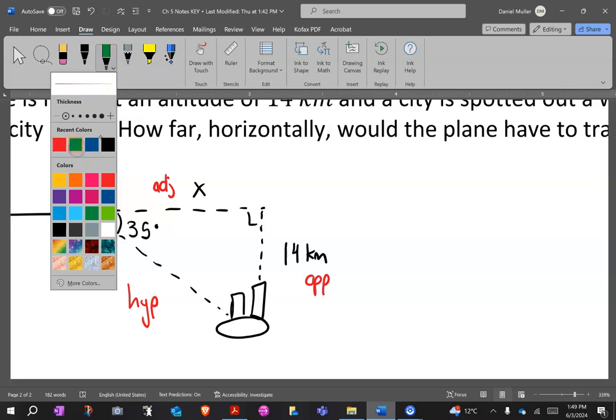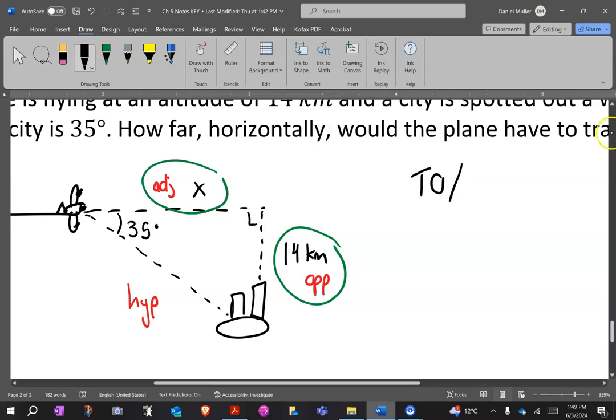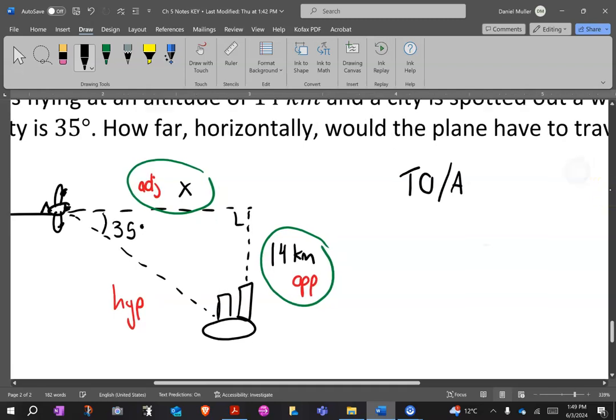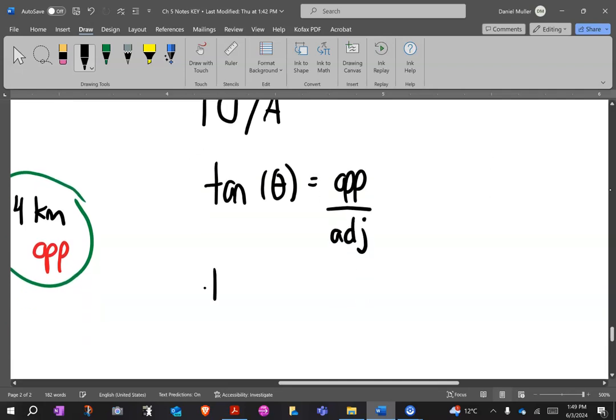So it looks like I have the opposite, and I need the adjacent, which is TOA. I'm going to write that down. T-O divided by A. So that's tan of some angle, theta, equals opposite over adjacent. And it does give us the angle.